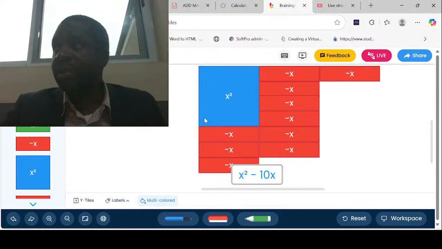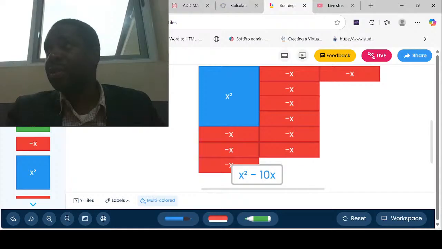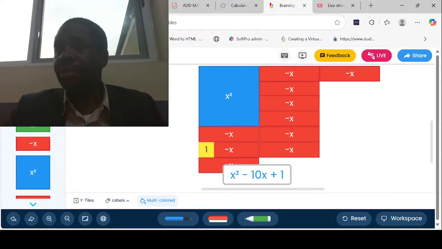So let's pick 25. We'll pick 1 into 25 places, which is this yellow piece.